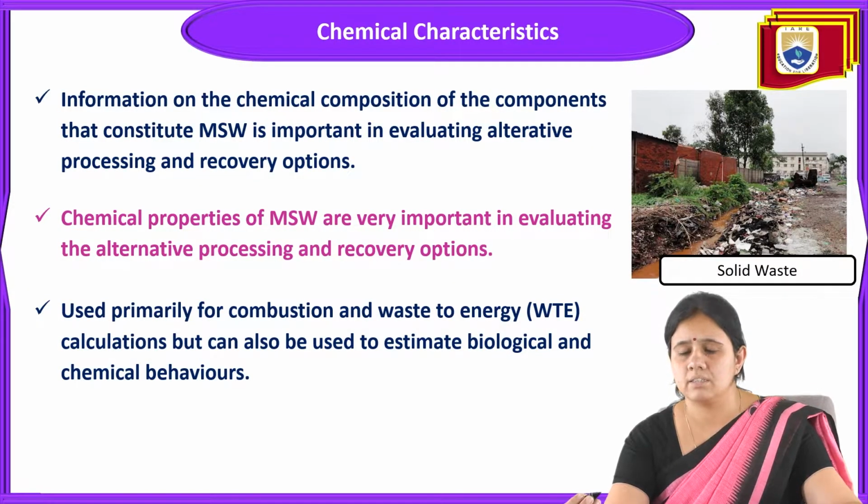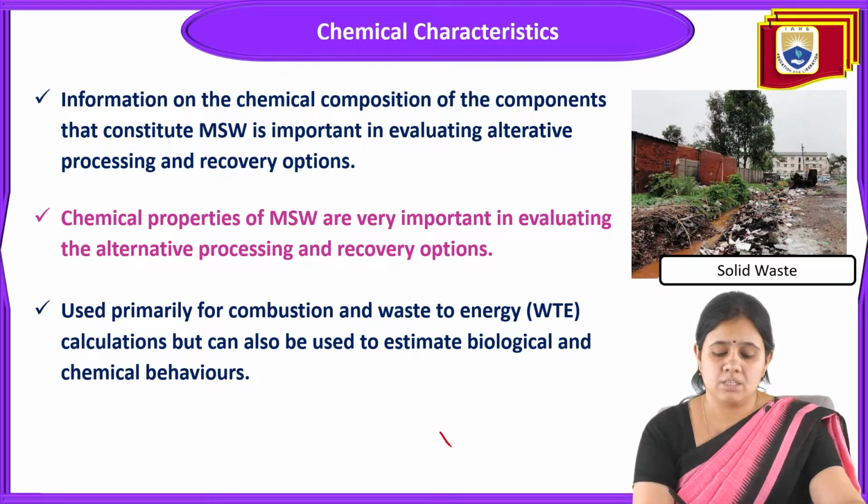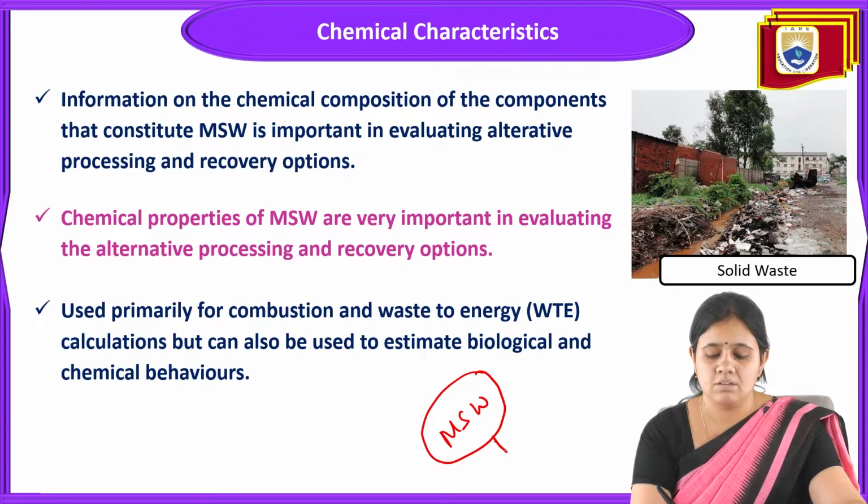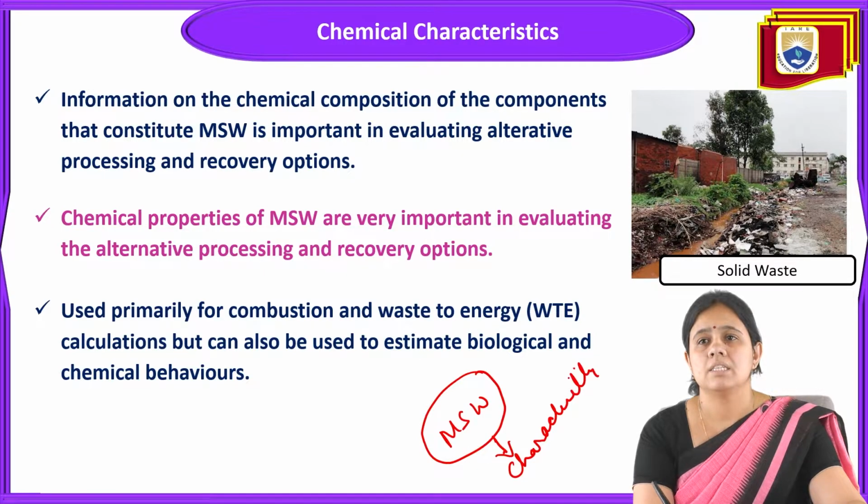Information on the chemical composition of the components that constitute MSW is important in evaluating alternative processing and recovery options. We study the characteristics of MSW to know which method is important for its processing or recovery.